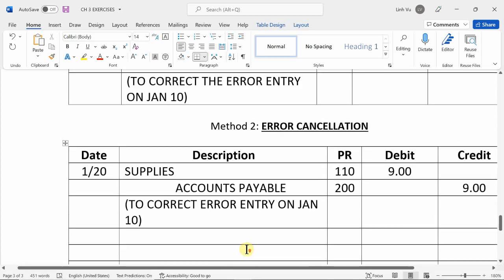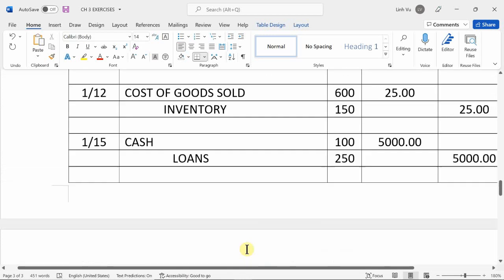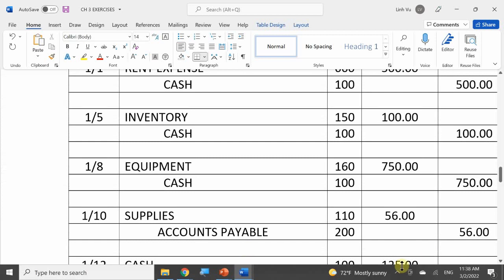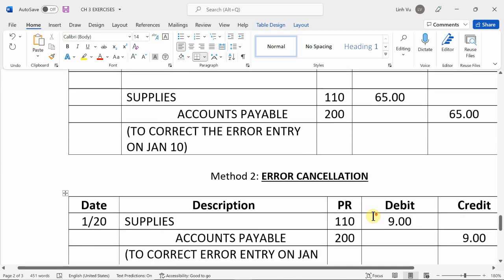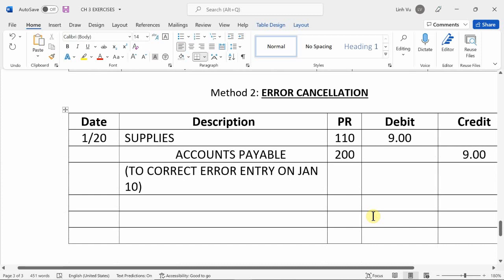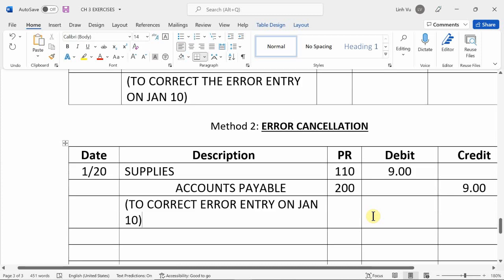Any questions in regards to chapter 3? I didn't understand the last one. Okay, where are you confused? How do we add the $9? Just the difference between the 56 and the 65? Right now I only have $56 in my supplies account.